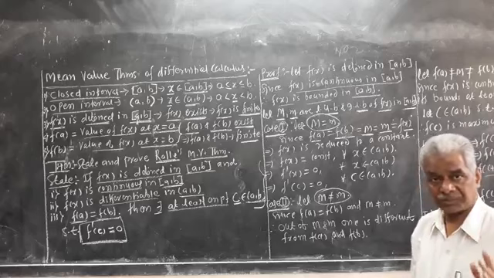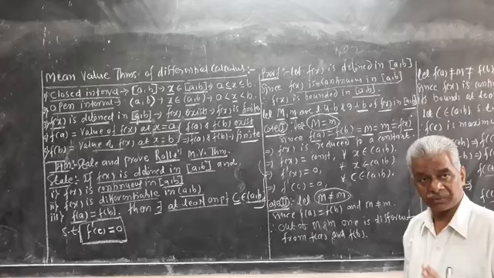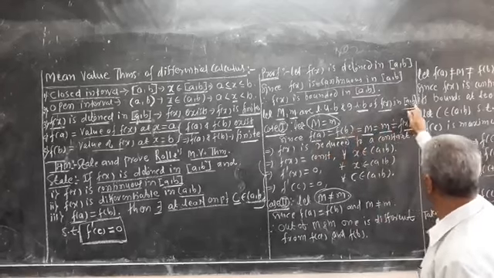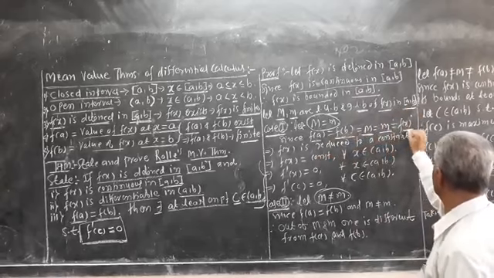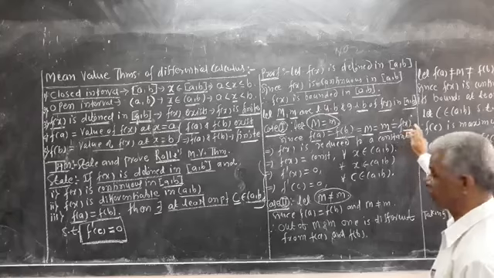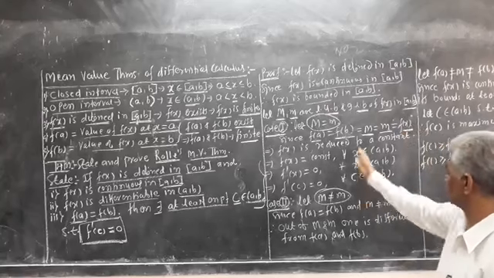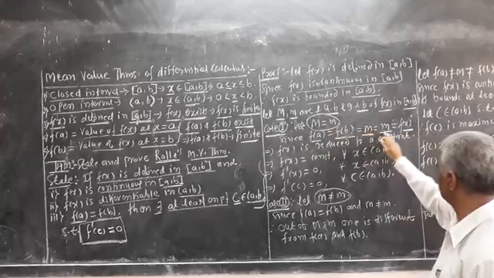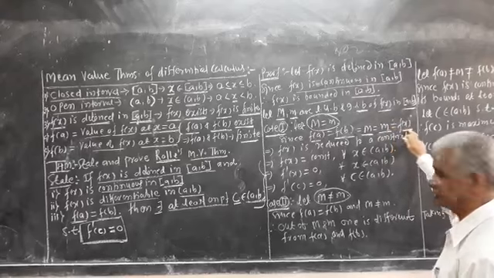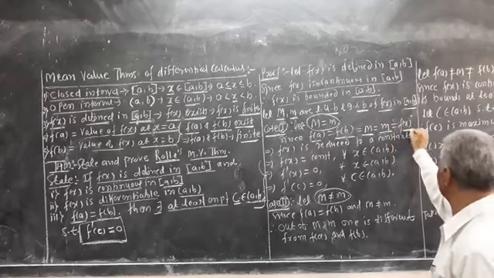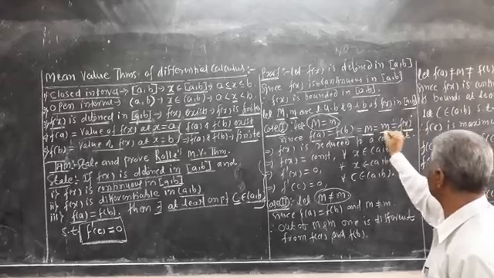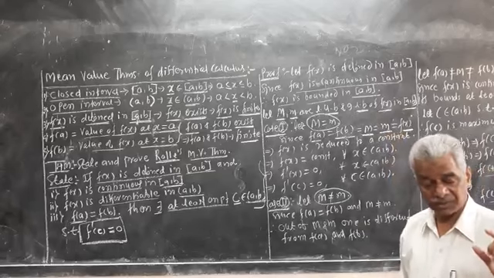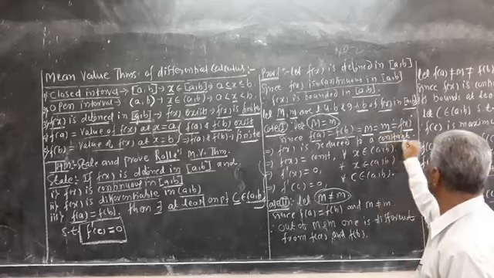And here the upper bound is equal to the lower bound, which are equal to the bounds of the function in that interval. It means that it is equal to the function f of x. If so, f of a is equal to f of b is equal to capital M is equal to small m is equal to f of x. Means this function f of x is equal to capital M or small m, where these bounds are nothing but constants.